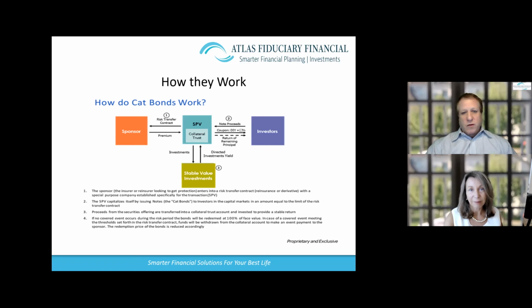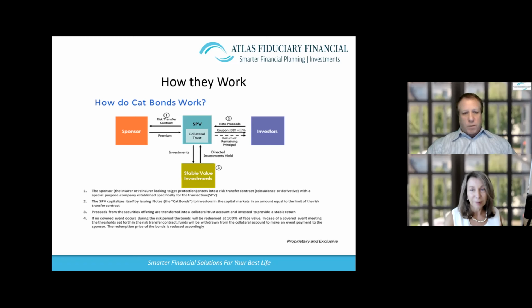And so how are they actually created, reinsurance bonds? Well, a sponsor, as you can see from this graph, I know you may have trouble reading some of the fine print in it. Sponsors, typically an insurance company, looking to transfer some of their risk, for example, hurricane risk, to someone else.